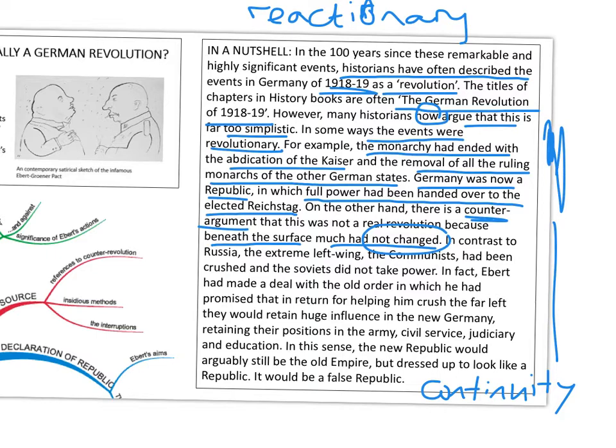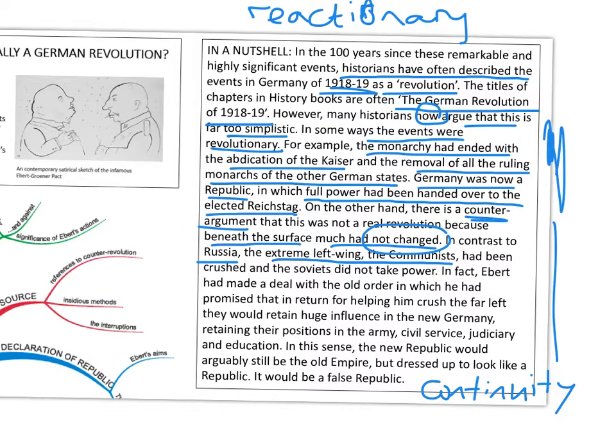So what's the evidence? Well, if you compare the events in Germany 1918 to 1919 in comparison to Russia 1917, the extreme left wing, the communists who took power in Russia, well, that did not happen in Germany.